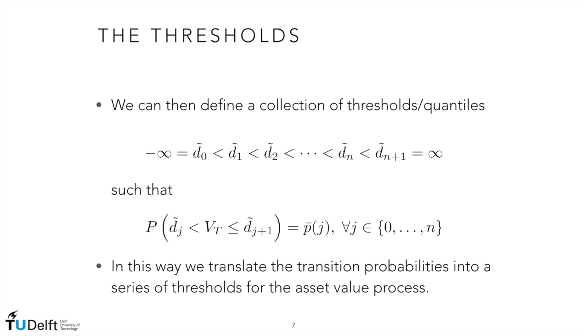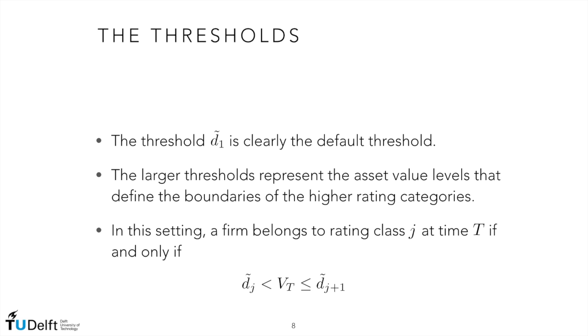They are quantiles. d_1 is clearly the default threshold. If V_T is smaller than or equal to d_1, the company defaults at capital T. Thanks to the thresholds, we can identify in which risk or rating class our company will be in capital T.